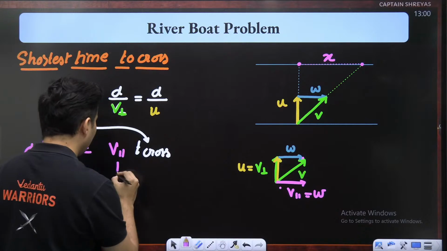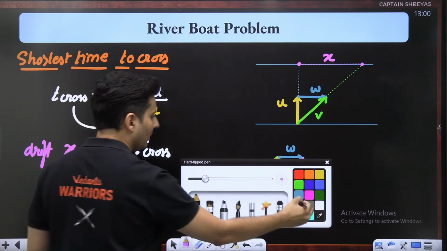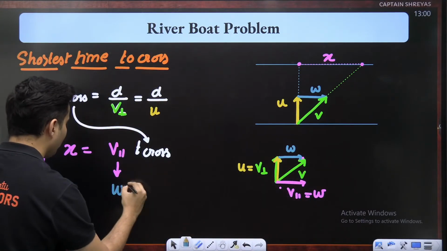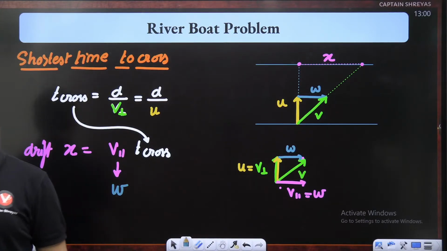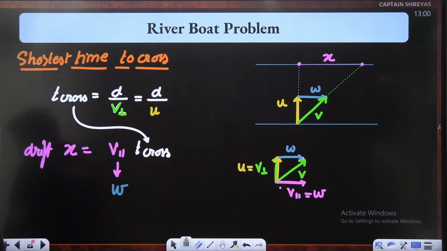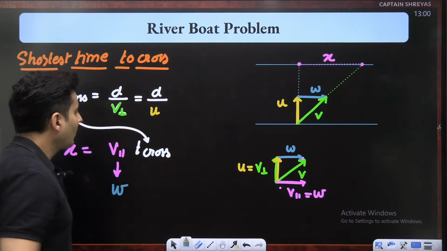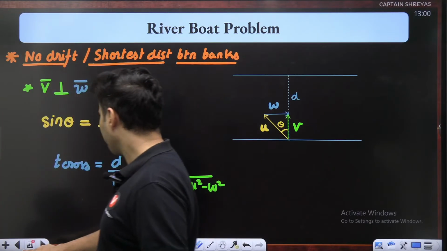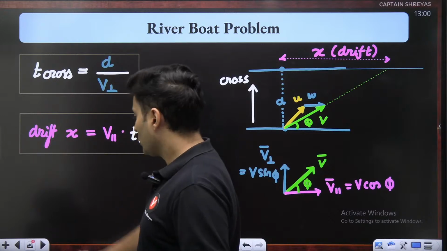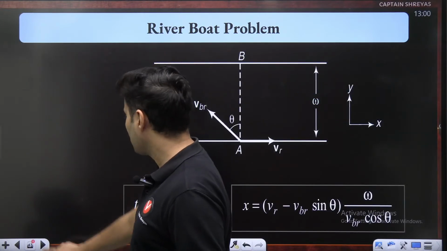So this parallel velocity will be nothing but w itself. That's all. So that is how you will get the answer. Is that clear? Everyone understood these two special cases? Very nice. So you will be able to solve now any questions on this.